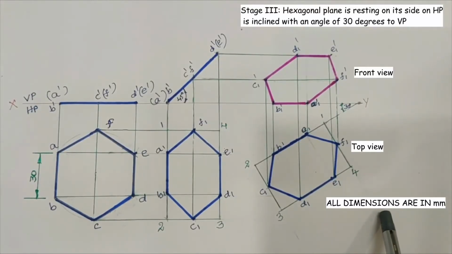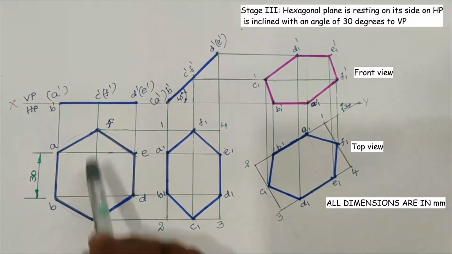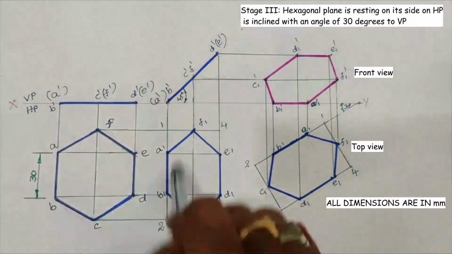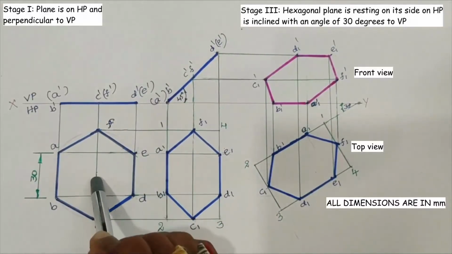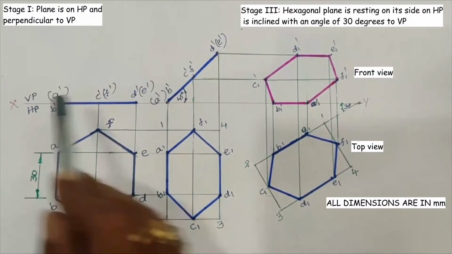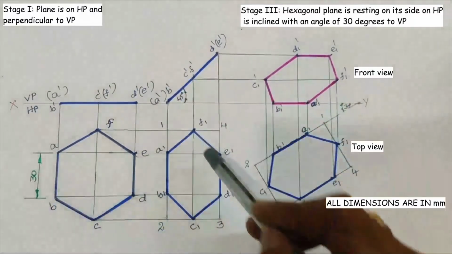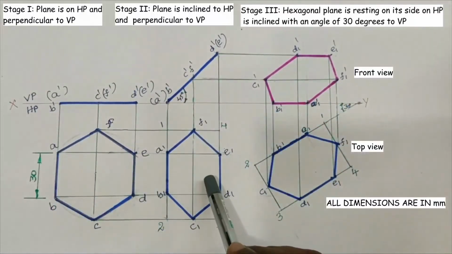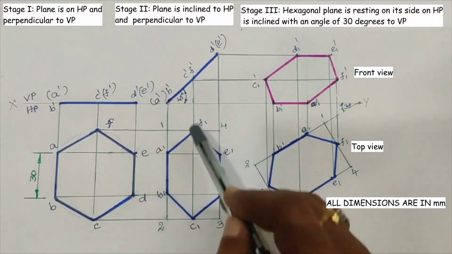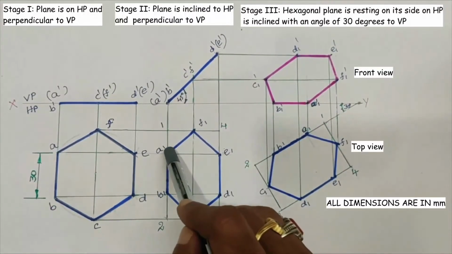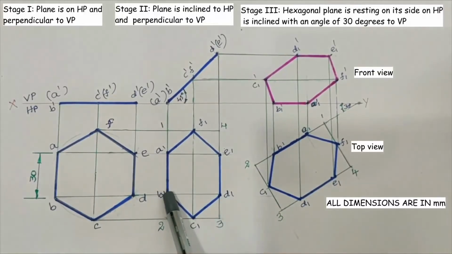Then we will see the overall summary of the solution. Here, this is the first stage solution when the hexagonal plane is resting on its surface on HP and perpendicular to VP. And this is the second stage solution when the hexagonal plane is inclined its surface with an angle of 45 degrees to the HP and resting on one of its sides, say AB on HP.